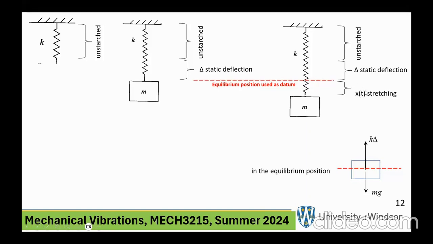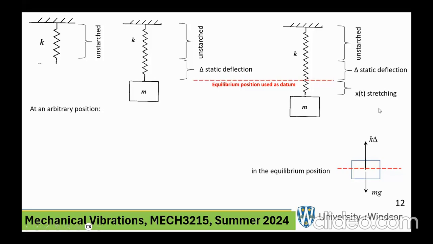So it's beyond the unstretched length plus static deflection. Okay, so in this configuration, the amount of stretching of the spring is x of t.